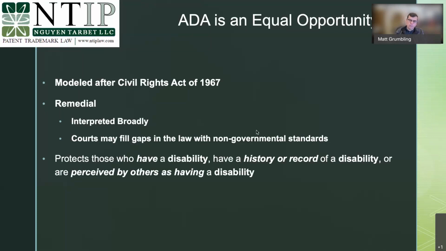The intention here, one of the narrowing intentions, was that it covered people who have permanent disabilities. So why is that important? It's probably not important from an auditing standpoint, but it is important probably from a lawsuit standpoint.